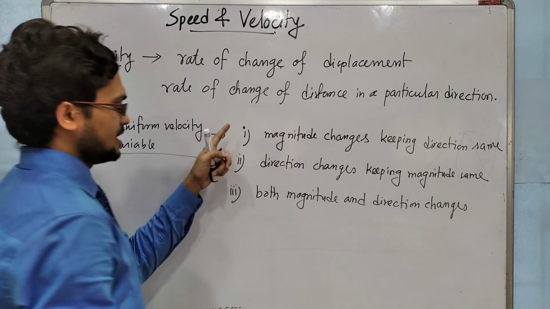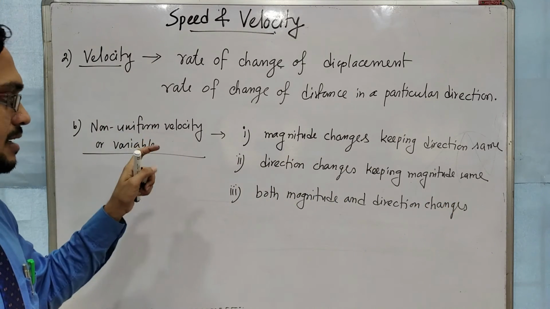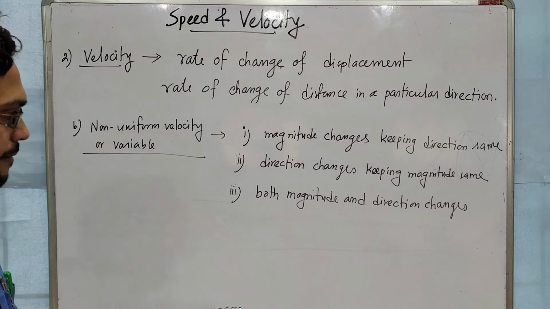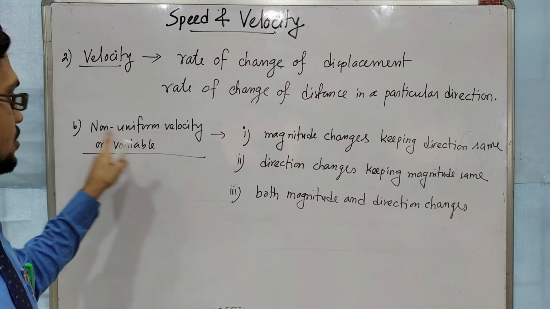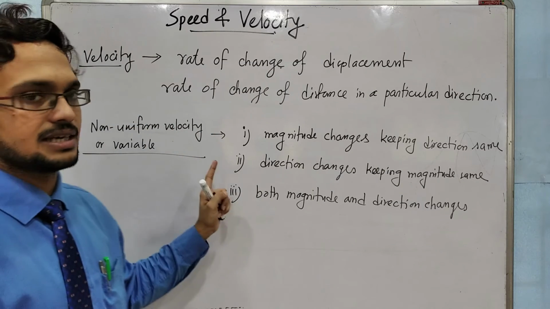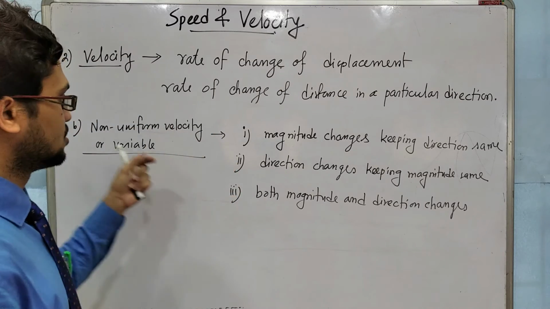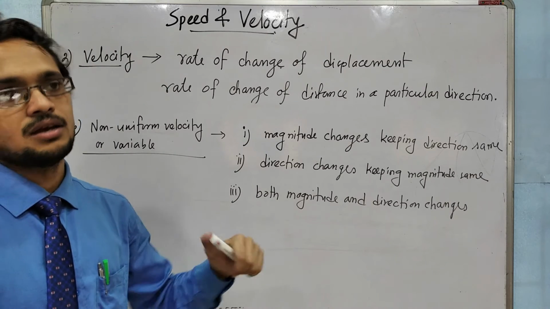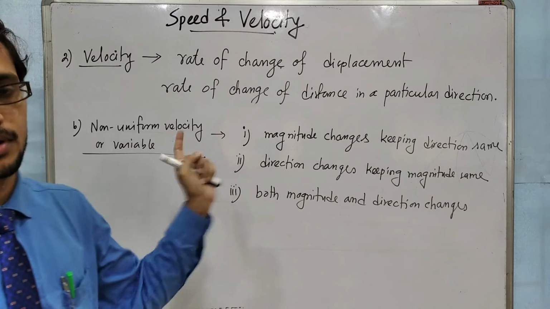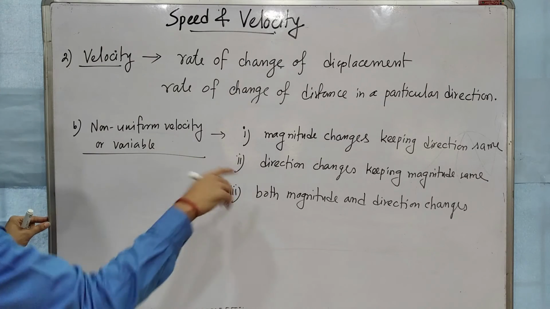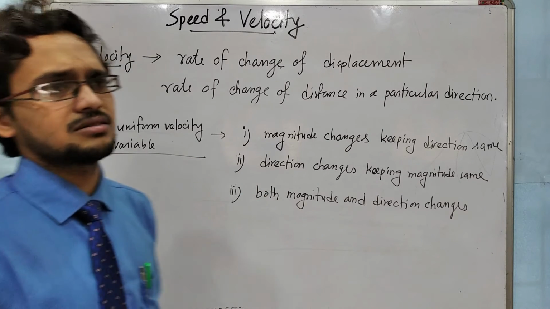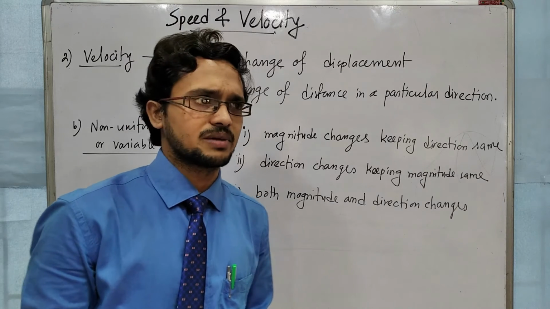If any of these three cases arise with a moving body, with time, then we can tell the body will have non-uniform velocity. So this is non-uniform velocity, and we will get lots of examples.